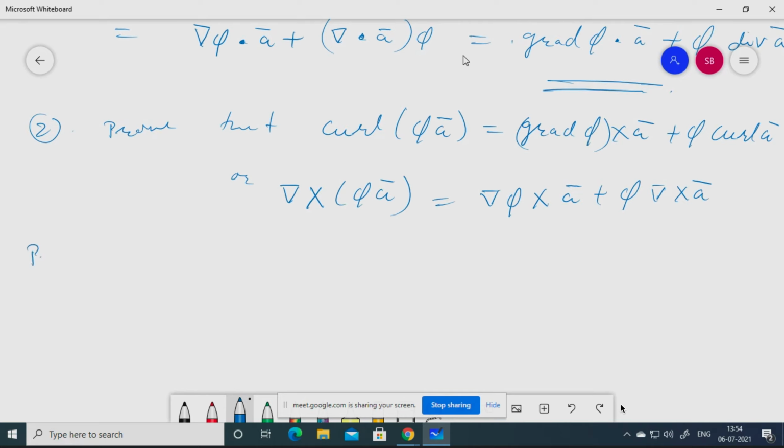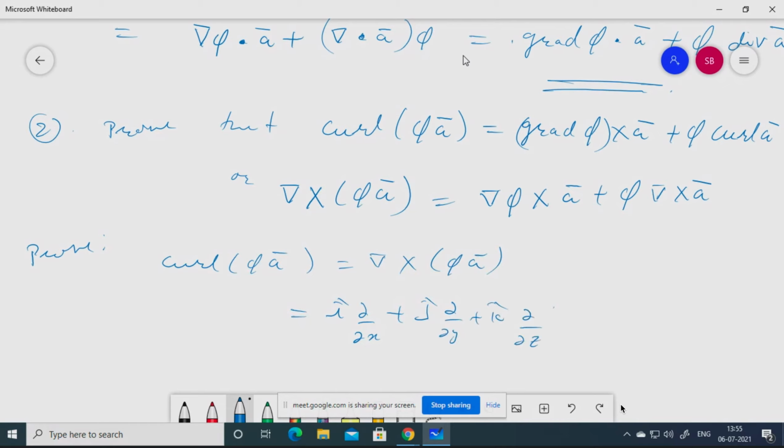Okay, now prove it. For the proof again, take the left hand side only, curl of phi into A bar, which is nothing but del cross phi A bar. So on expansion, del is i ∂/∂x plus j ∂/∂y plus k ∂/∂z. But instead of dot product, here you are taking a cross product with phi A bar.